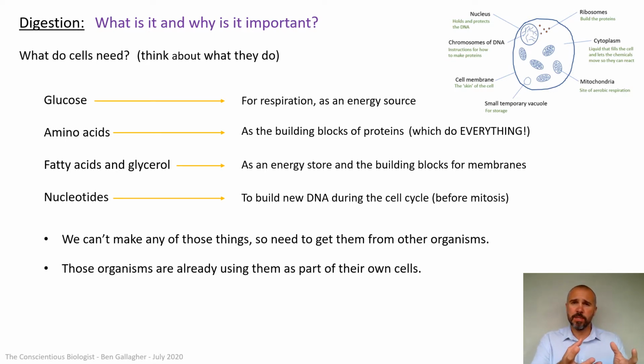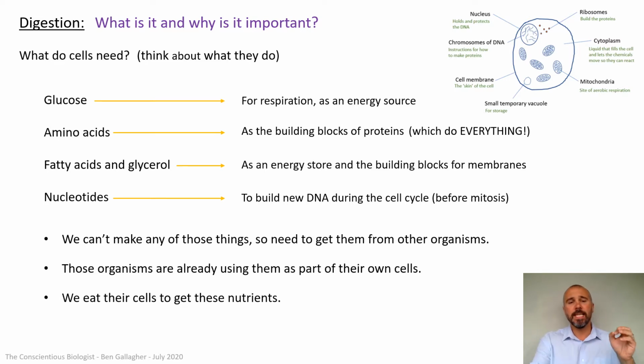They're the cow's proteins that were carrying out the cow's metabolic functions, the cow's DNA inside its cells, the cow's carbohydrate stores to get your glucose, the cow's membranes and fat reserves to get your lipids. So those nutrients were being used by other organisms in their own cells. So we need to eat their cells to get those nutrients.